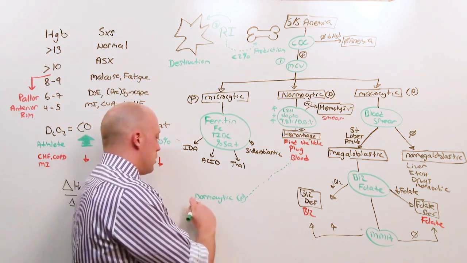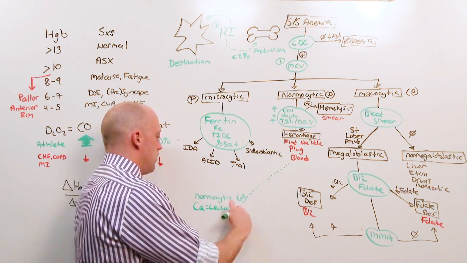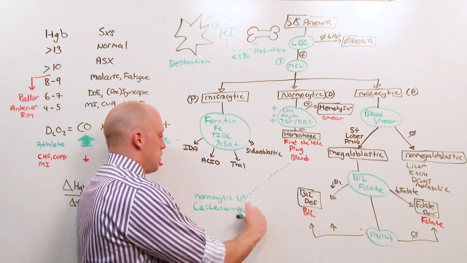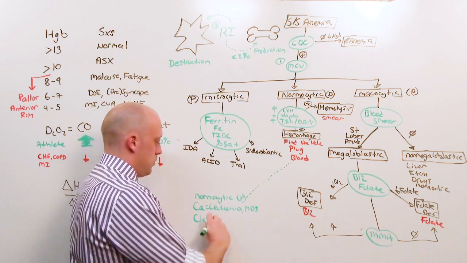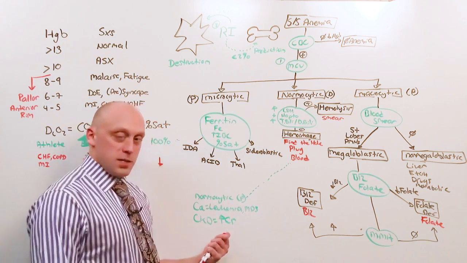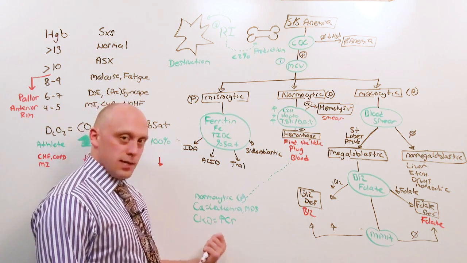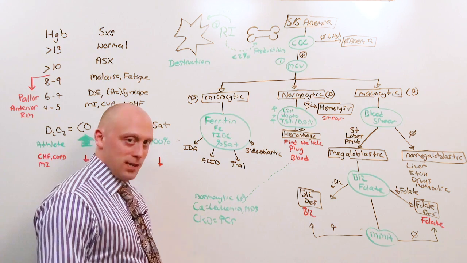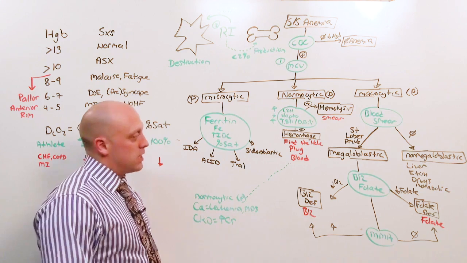That is a marrow malignancy, like leukemia or myelodysplastic syndrome, or chronic kidney disease. So that if they have end-stage renal disease and they have a normocytic anemia and they're not bleeding, chances are it's chronic kidney disease. So I just want to say this again.